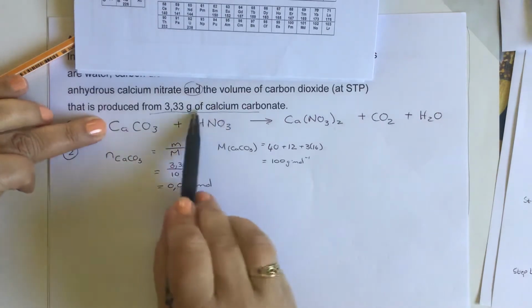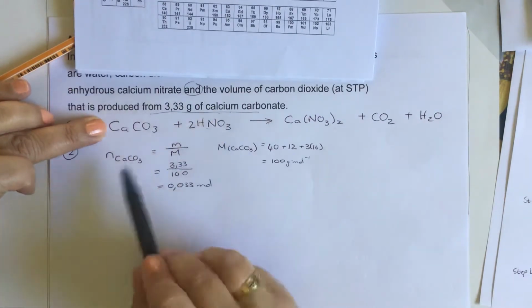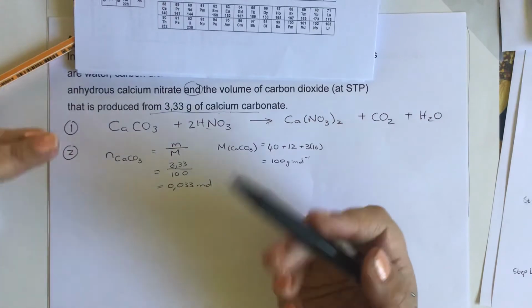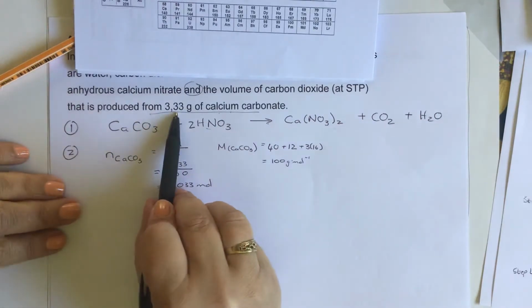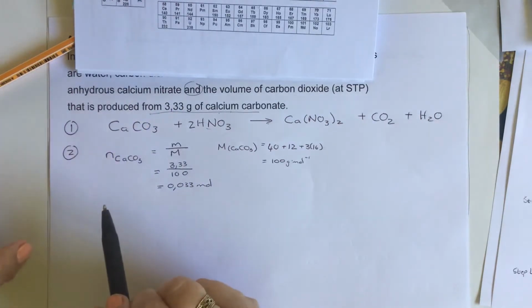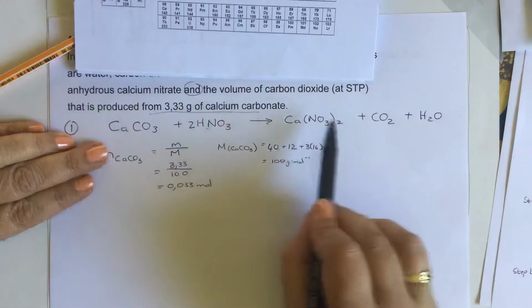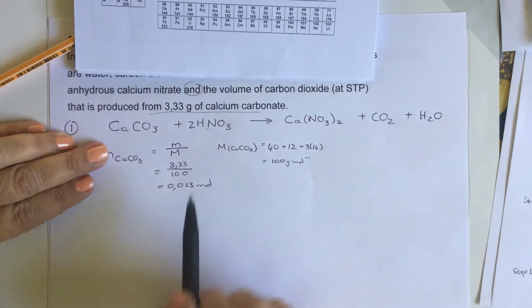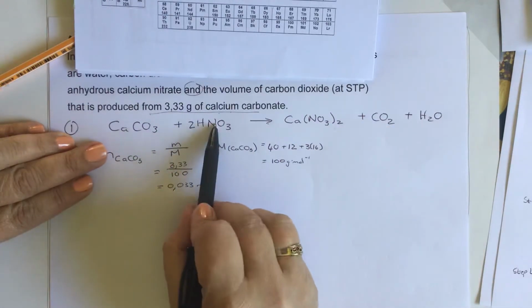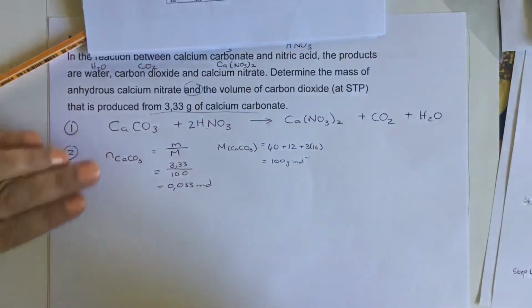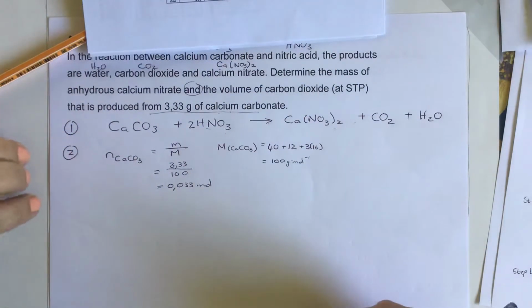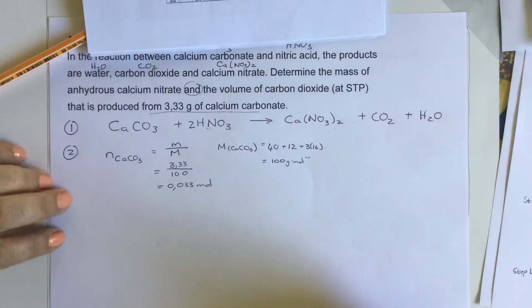They're not asking us anything about the nitric acid, so we're going to assume there's enough of that, and all of the 3,33 grams of calcium carbonate is going to be used up. So the calcium carbonate is the one that determines how much of the product is forming, and there's an excess of nitric acid so that it's not affecting the amount of product that is formed.